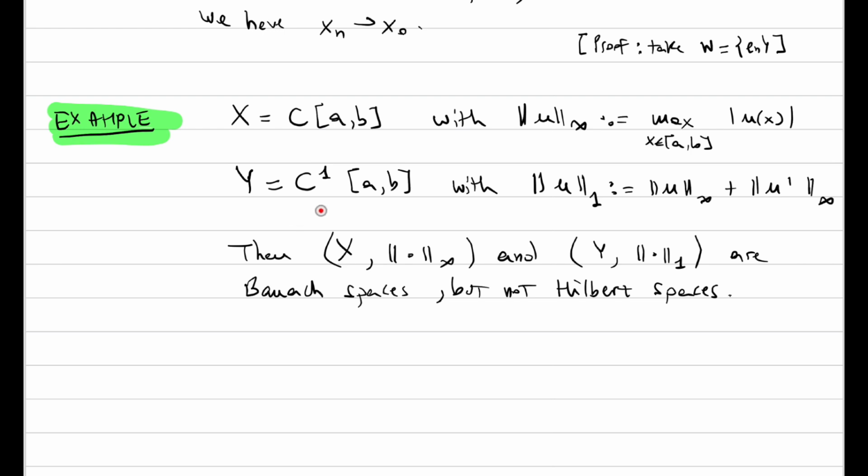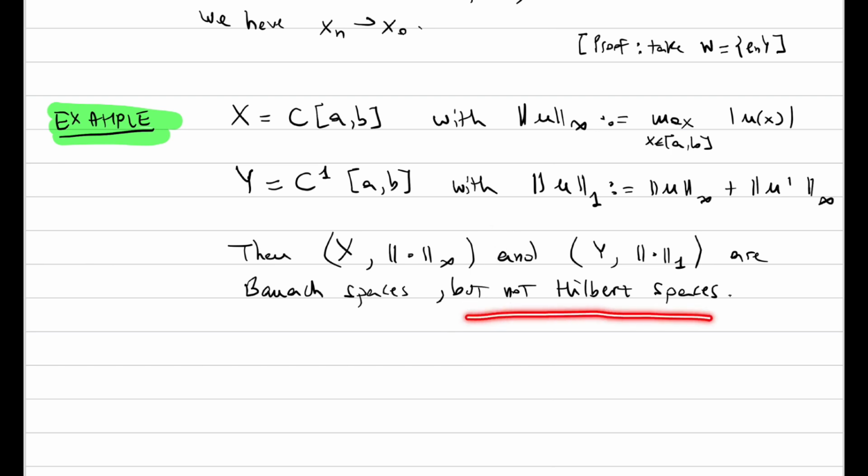And Y is the set of continuously differentiable functions in AB with the one norm, which is given by U infinity plus the infinity norm of the derivative. Then it is easy to check that X with the infinity norm and Y with the one norm are Banach spaces, so they are normed spaces and they are also complete.